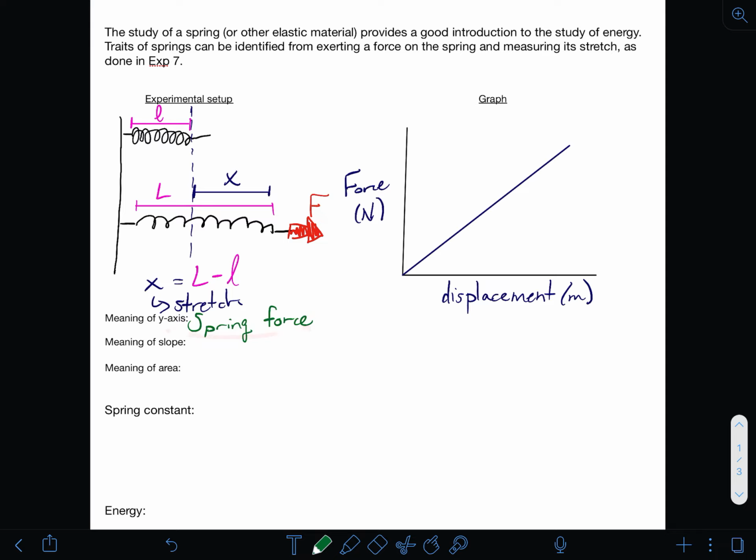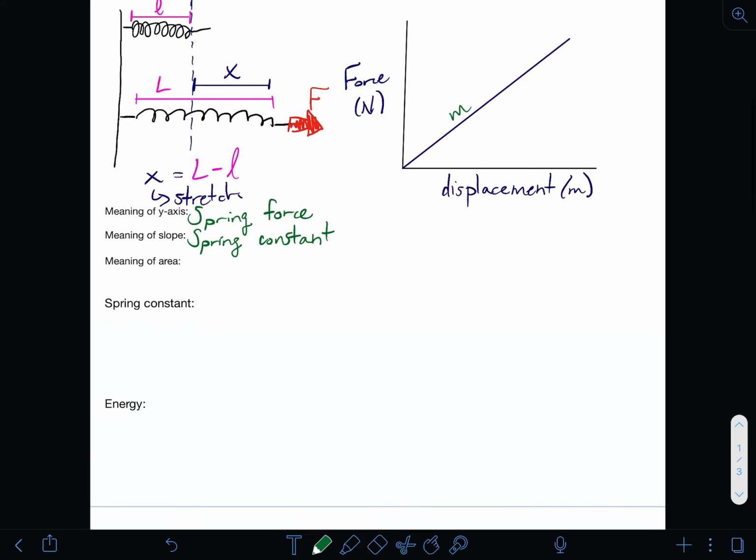Now the slope is very interesting because we know that slopes always tell us something that was kept constant in the lab. And in this case, that constant is called the spring constant. And so you may be asking yourself, what is a spring constant other than just something that we kept constant in the lab?